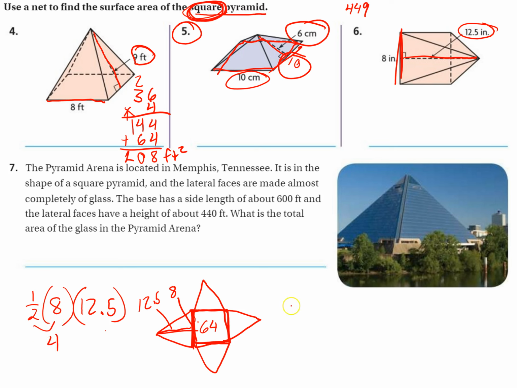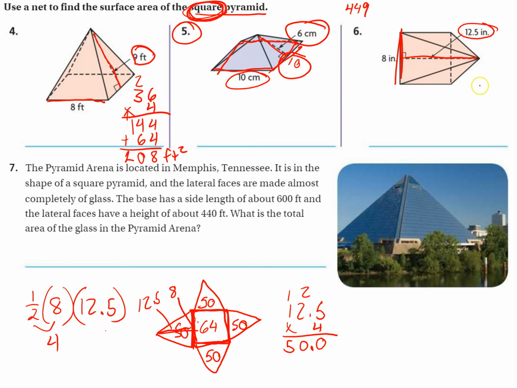And then I need to do 12.5 times 4. 4 times 5 is 20. 4 times 2 is 8, plus 2 is 10. 4 times 1 is 4, plus 1 is 5. And then I just move my decimal over 1. So 50 is the area of each one of these triangles.